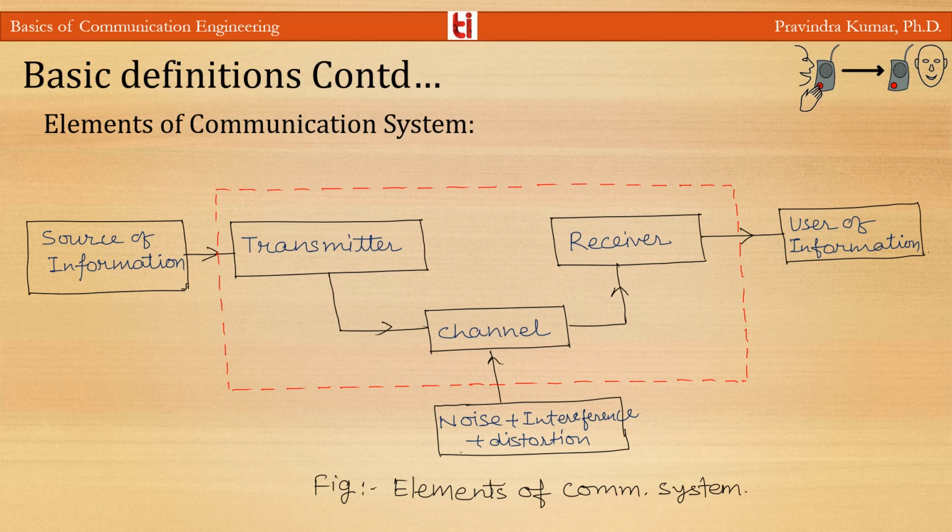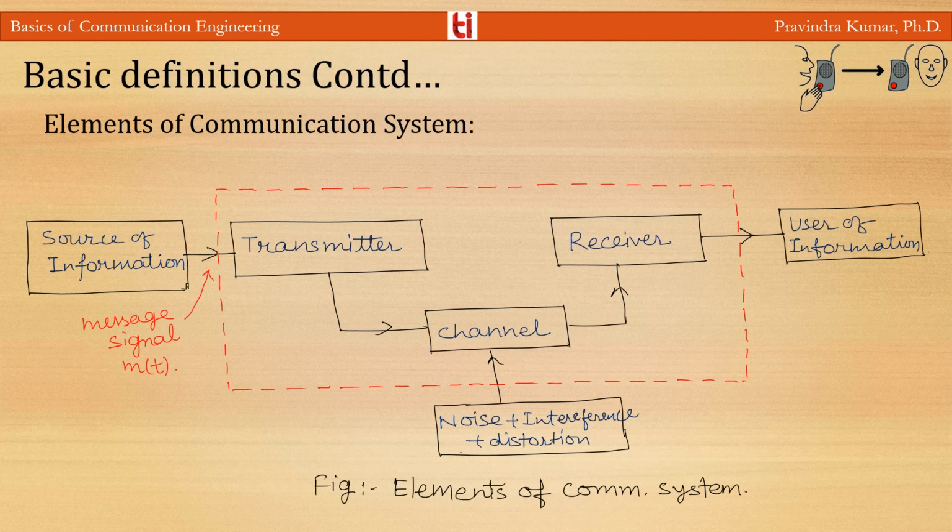Here, if I go again to the elements of the communication system, as I told you, the message signal is converted into the transmitted signal at the transmitter for the purpose of transmission through the transmission medium. The message signal can be analog or digital in nature.